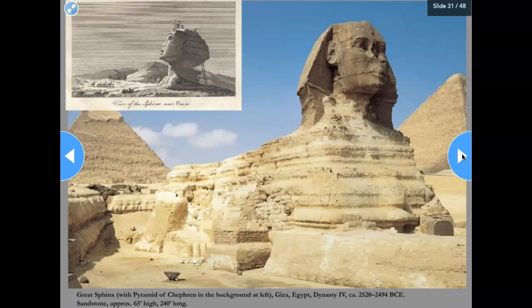The Sphinx is really interesting. It's actually believed to be a portrait of Chephren, the pharaoh. It's a lion with a human head, and it was a highly visible public monument that was associated with the king. And we've seen lions before, right? We saw a lot of lions in ancient Near Eastern culture.